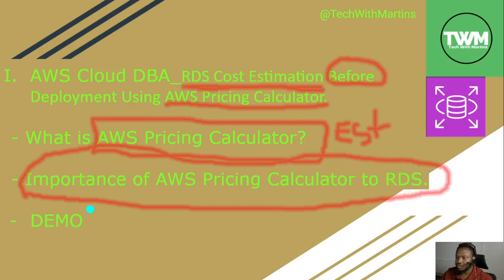Like RDS is an instance. It has storage, it has backup storage, it has the instance itself, it has IOPS cost, right? So when you use the AWS pricing calculator, you can know that, okay, for a complete RDS instance, these are the elements of cost.